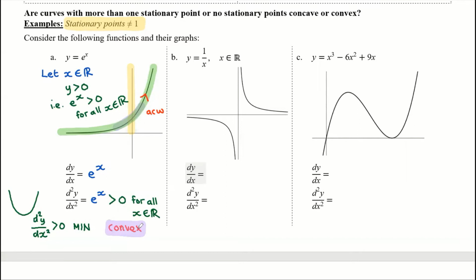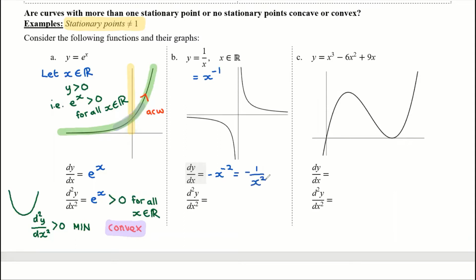1 over x, and let's have a look at the derivatives here. Well, we just write this first of all in index form so we can differentiate a little bit more easily. Well, if I differentiate that, I'm going to get minus x to the power -2. Just be careful subtracting the powers, which is of course -1 over x squared.